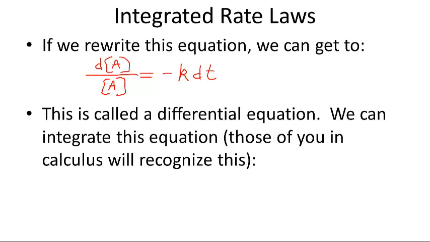So we can integrate this equation, which means do the antiderivative. If you don't know what I'm talking about, just ignore it. But we can integrate this equation on both sides from 0 to t. Okay.